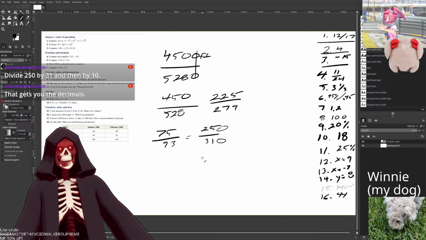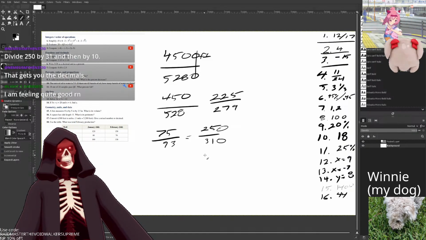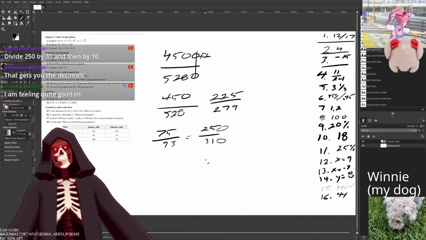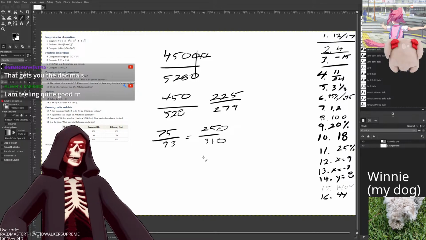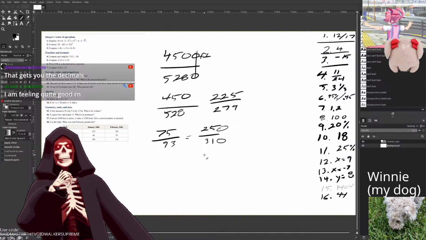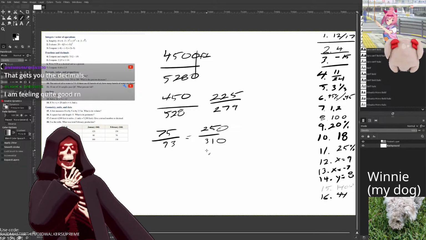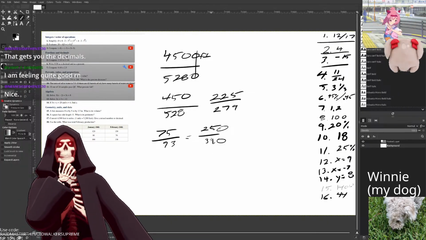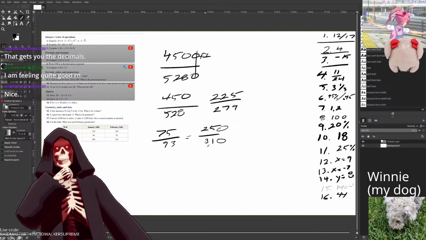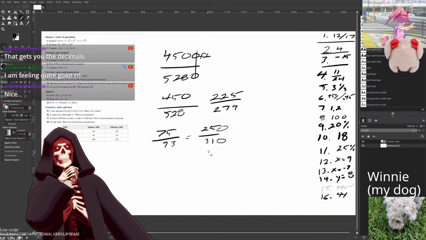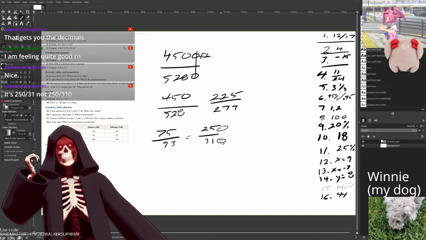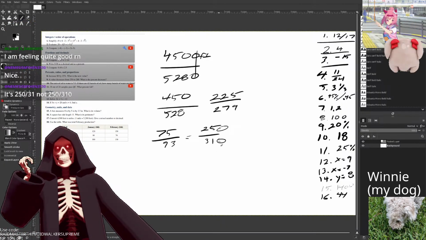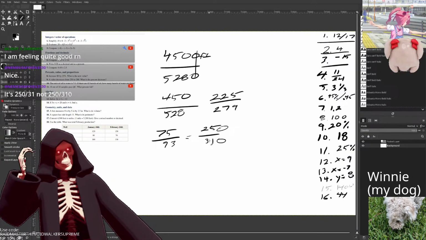Yeah, because half of that would be... Nice, because this is 100, so 300 that'd be 160. No, it's not like 70% then. For some reason, my brain is just melting when it comes to this specifically. 31. Stupid. 250 over now 230.